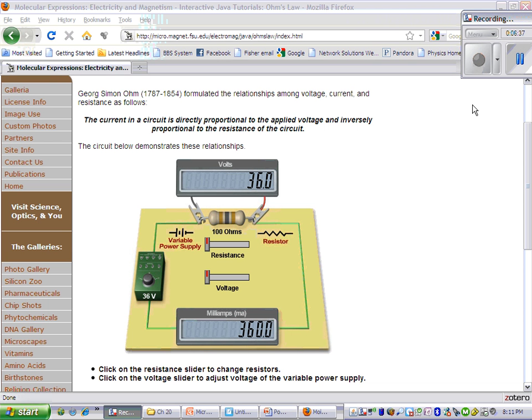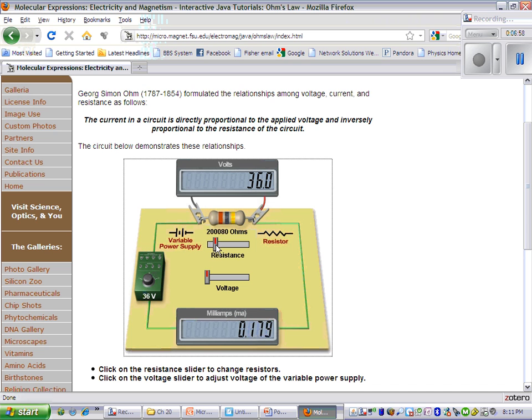So here's a circuit where we have our power supply. You see the 36 volts comes up through here, goes through this resistor, which we can see as 36 volts as well. Comes down here the current, and you'll see it's 360 milliamps of current, and comes back through, so we have a complete circuit. Now if I increase that resistance, we'll see that the current goes down.